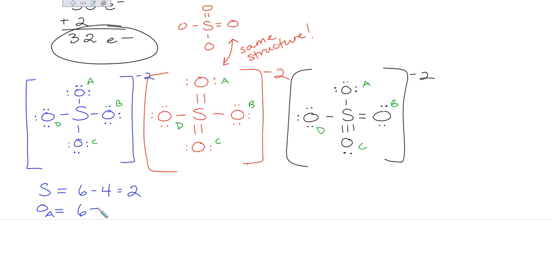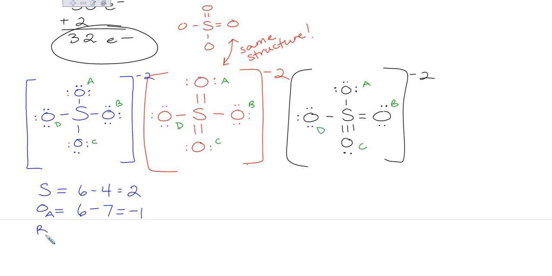Lone pairs count solely to that atom. So on oxygen A, I've got 6 electrons, 3 lone pairs. And then again, of the 2 electrons in the bond, 1 goes to oxygen, 1 went to sulfur. So I've got 7 electrons assigned to oxygen A, for a formal charge of -1.